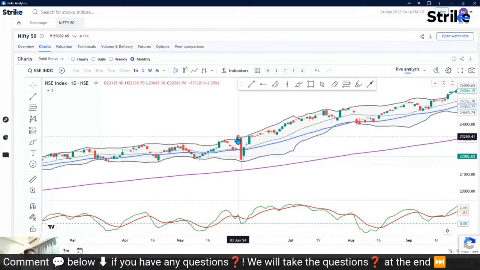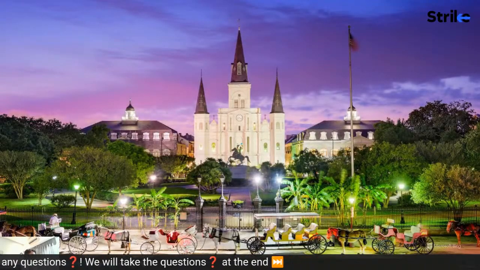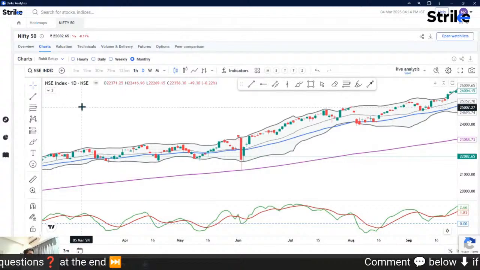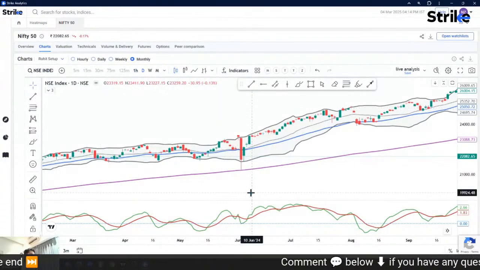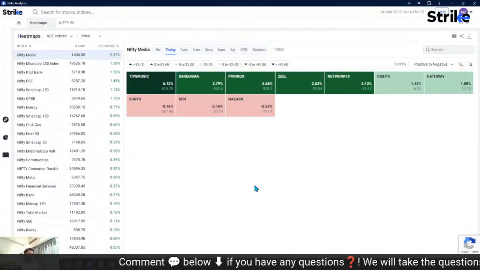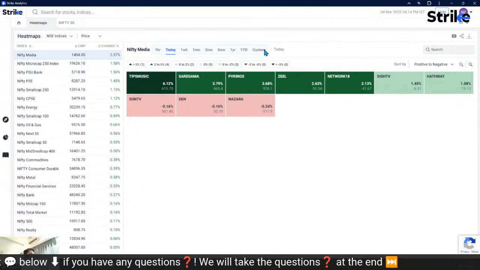So I'll take 3rd and 4th of June. You can also do that. Go to heat maps. Currently there is a lot of data in the heat map, so it will take a little longer to load.